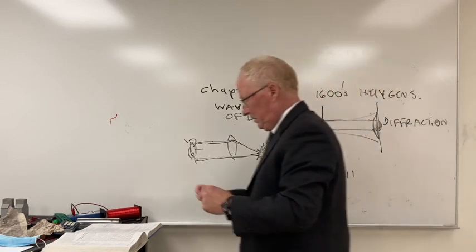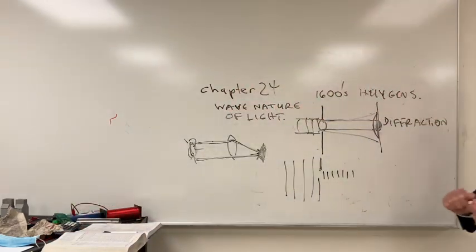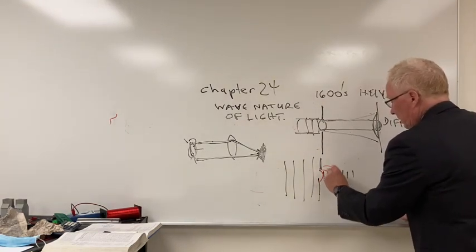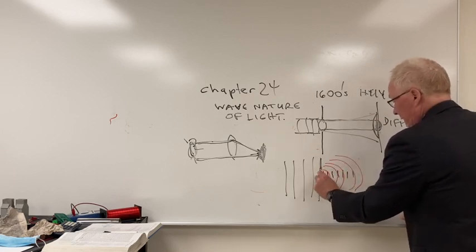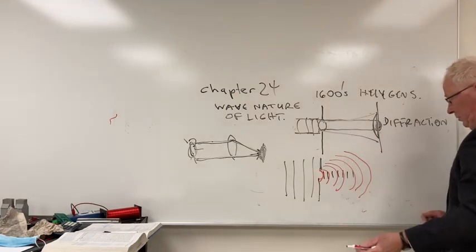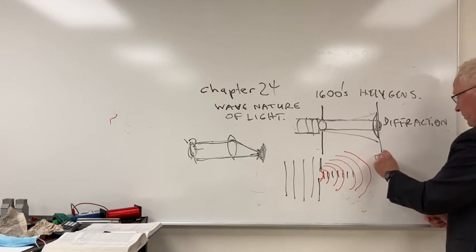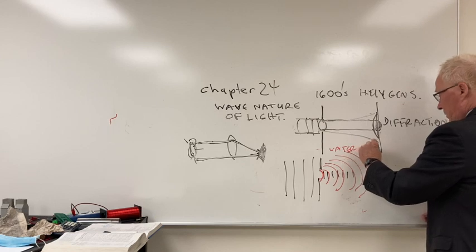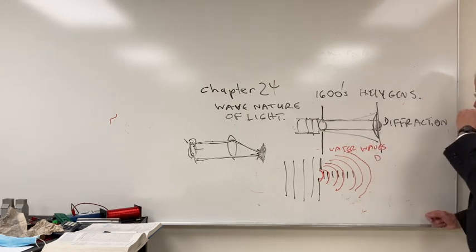What happens is the water waves end up spreading out, so they go out, spread out in circles instead of just going straight through. Again, this is the principle of diffraction. So this is with water waves, and this is the idea of what we call diffraction.